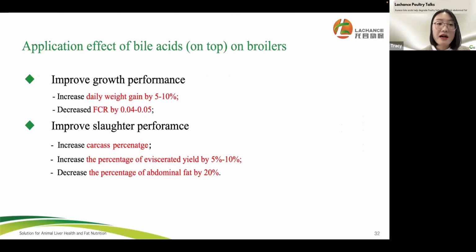Bile acids can also help to improve slaughter performance of broilers. For example, increase carcass percentage, increase the percentage of eviscerated yield by 5% to 10%, and also decrease the percentage of abdominal fat by 20%.